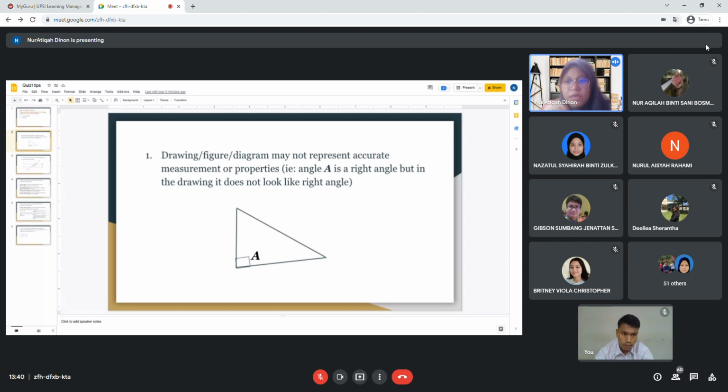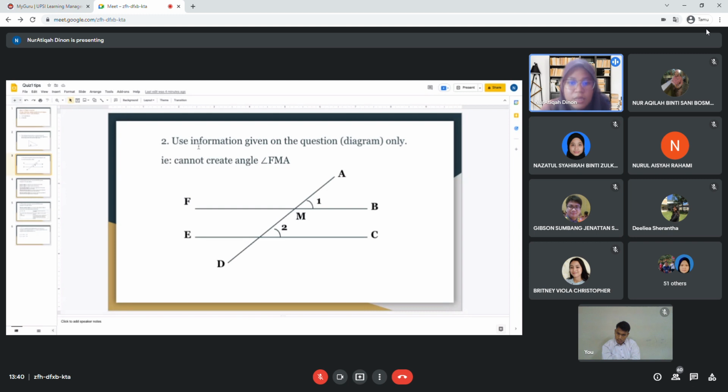If it says angle A is a right angle, equal to 90 degrees, but the diagram doesn't look like 90 degrees, don't follow the measurement in the figure. Just follow what the question states. Sometimes the lines in the picture look not parallel, but if the question asks you to prove that they are parallel, just assume the lines are parallel even though the picture is not accurate. That's the first thing.